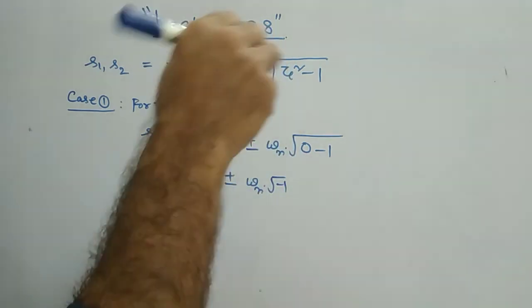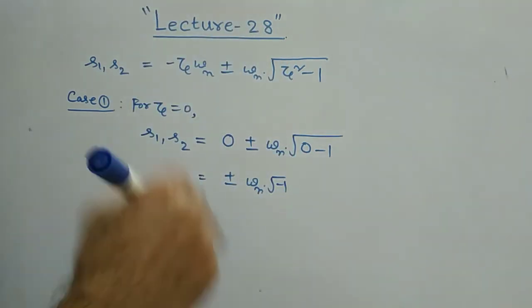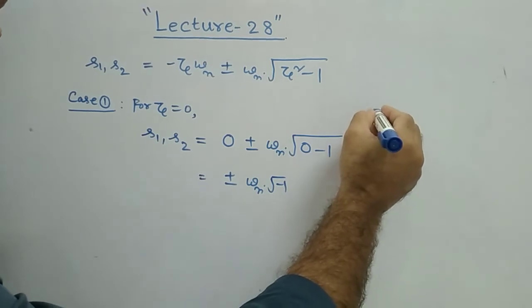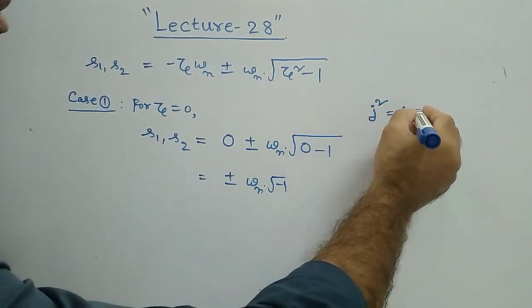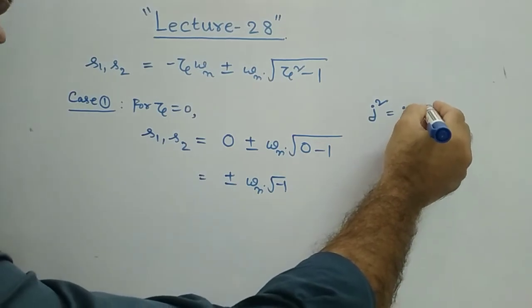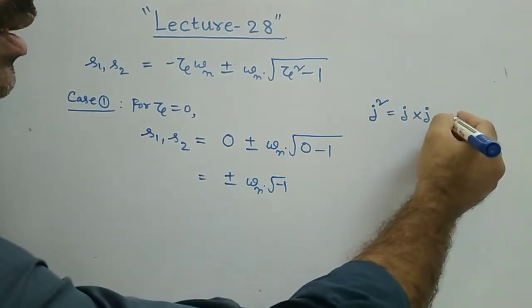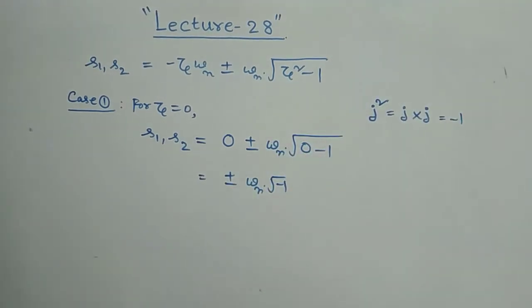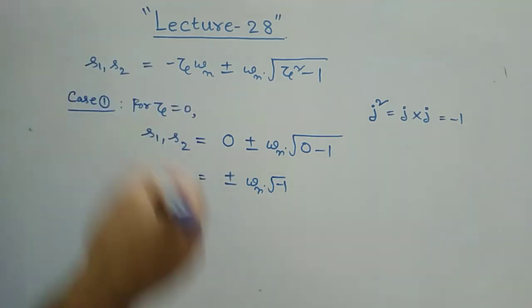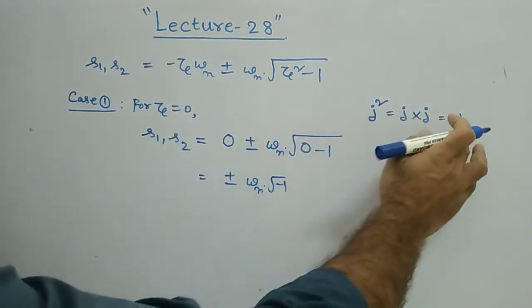Remember from complex analysis that j square is equal to j into j, and that value is minus 1. In complex analysis, j square is equal to minus 1.